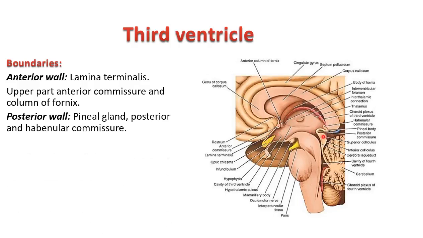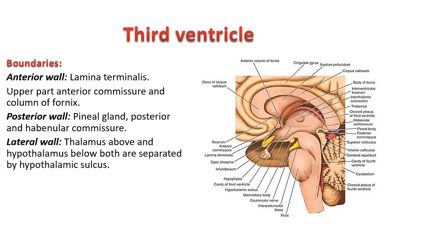The posterior wall is mainly formed by the pineal gland and the habenular nucleus, with the habenular commissure that you can see in the posterior wall. The lateral wall is formed by the thalamus above and the hypothalamus below, separated by the hypothalamic sulcus.